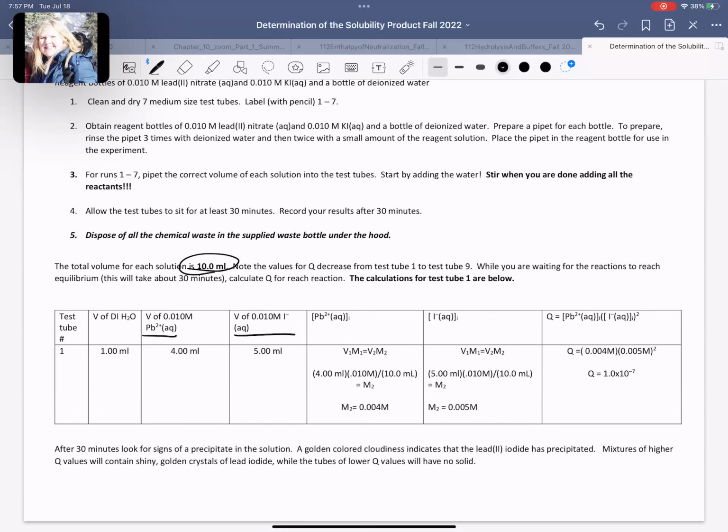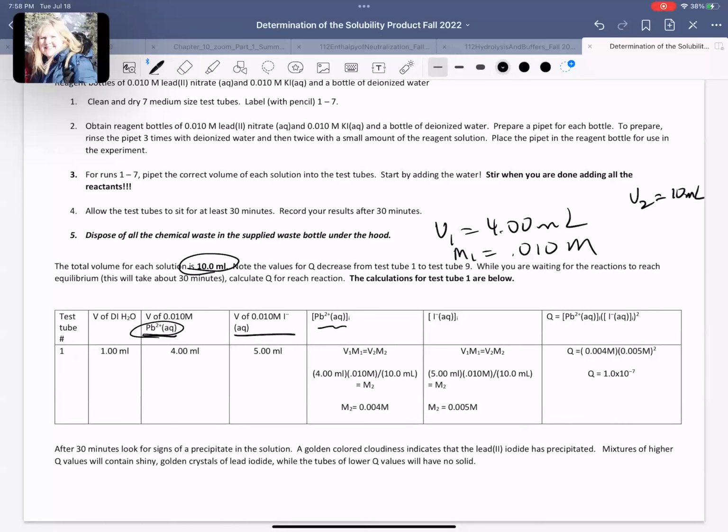So to find their initial concentration, which is what we need, we're going to take the volume starting. Let's just do lead: the starting volume of the lead is going to be our V1, and that's 4 mL. The original concentration of our lead is 0.010 molar, so M1 is 0.010 molar. Our final volume is 10 mL.